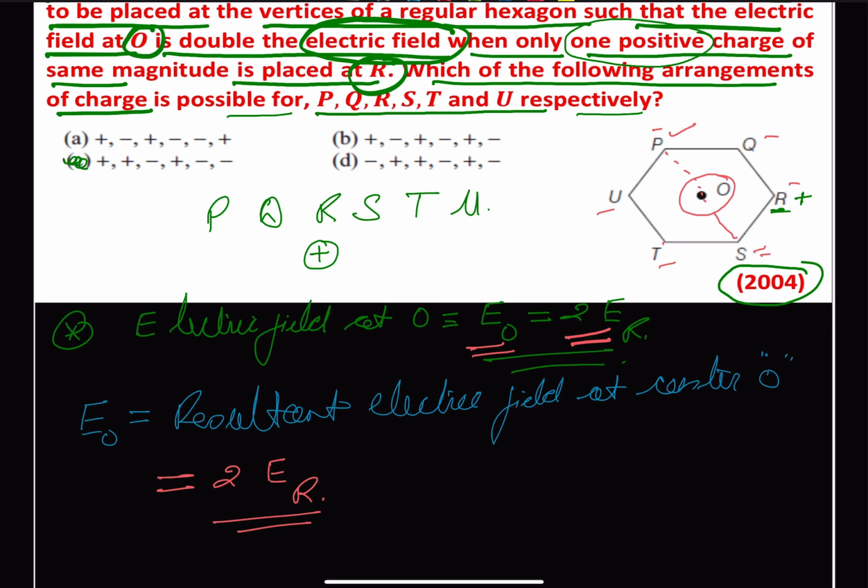Similarly, the electric field because of this T and Q charges respectively should be able to balance each other, such that the net electric field along the line joining this QR should be equal to 2 times ER. So unbalanced should be only because of this charge at U and charge at R.